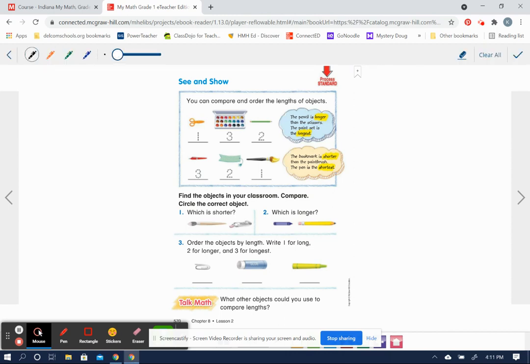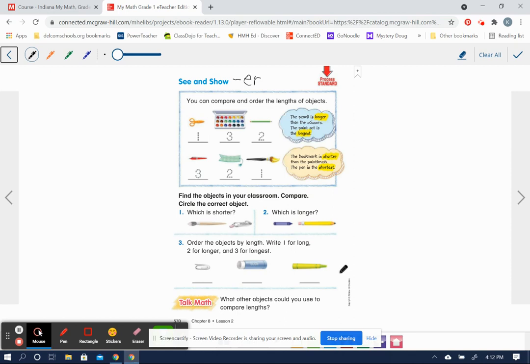When you're comparing two items, you have something that is longer or shorter or fatter or thinner, whatever the attribute is that you would be comparing. But if there's only two of them, then you have this ER ending.